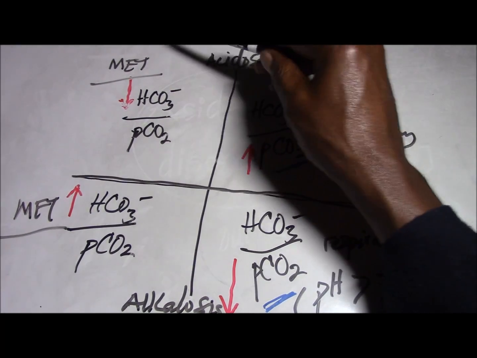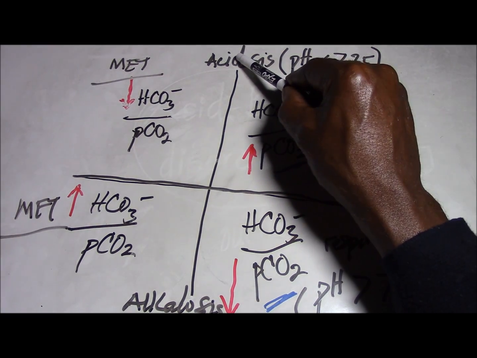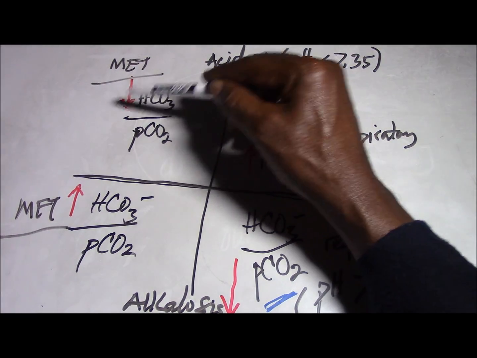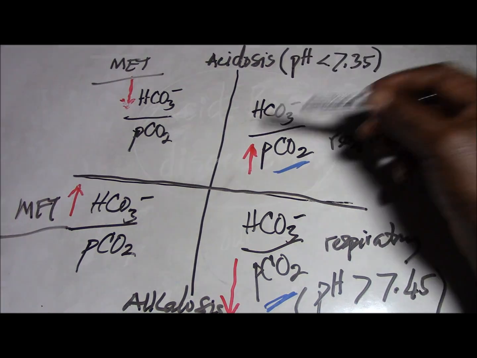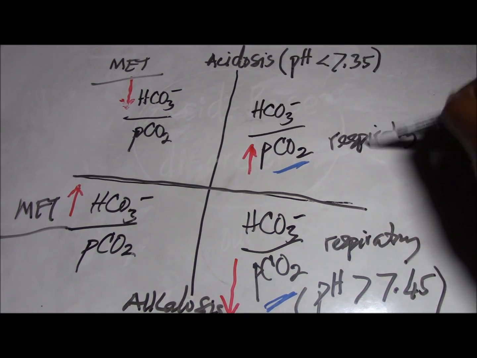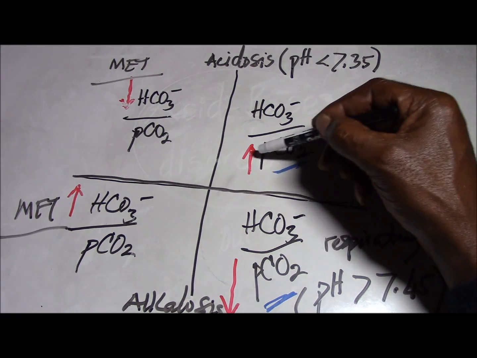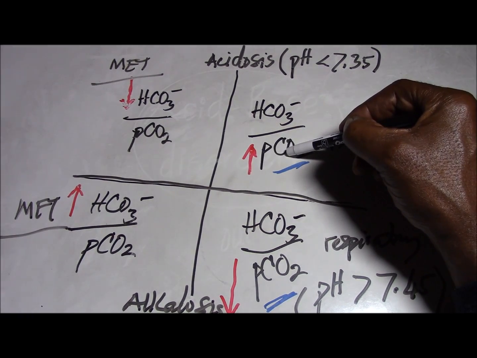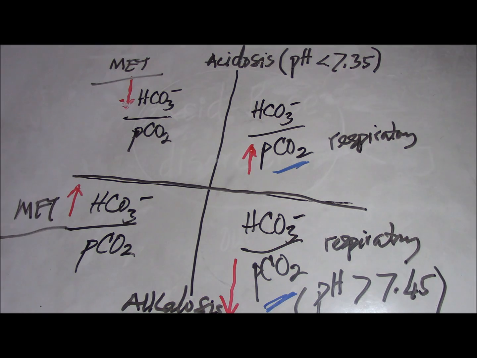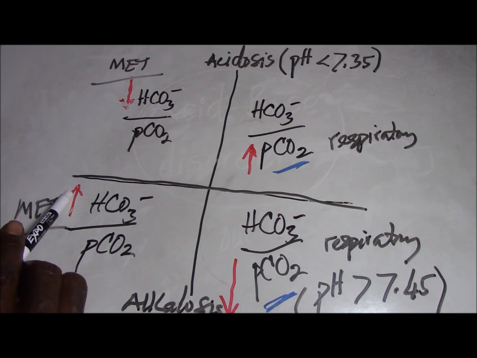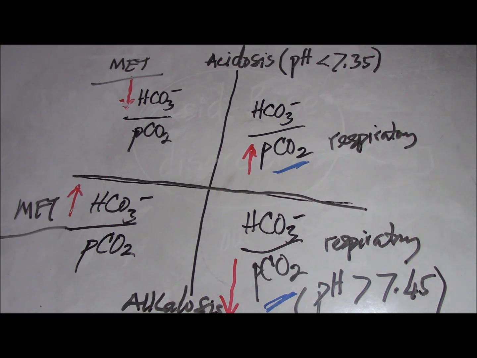A case of metabolic acidosis is one in which you have a decrease in the bicarbonate. A case of respiratory acidosis is a case where you have an increase in the partial pressure of carbon dioxide. A case of metabolic alkalosis is a situation in which you have an increase in bicarbonate and then the pH is greater than 7.45.